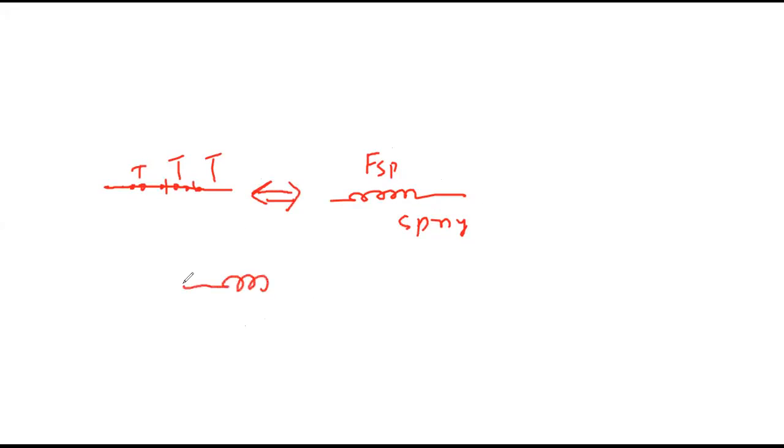Now imagine this is a spring of spring constant K. If somebody pulls from this side by x1 and somebody pulls from this side by x2, what is the spring force developed in magnitude?